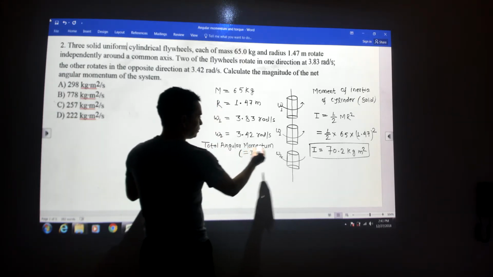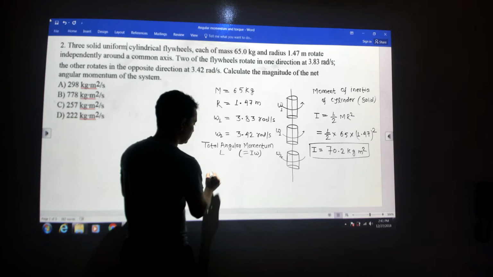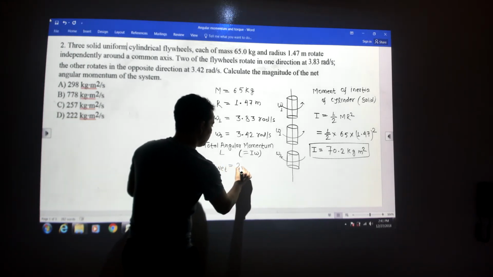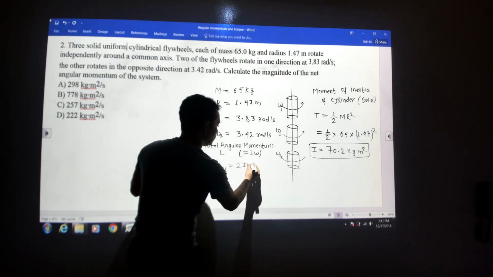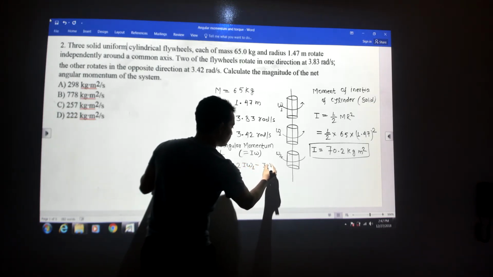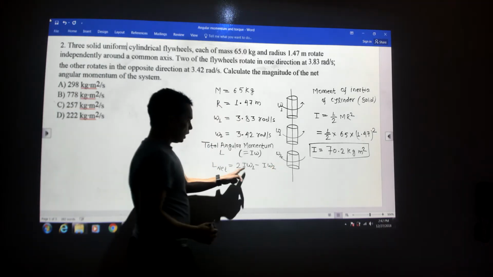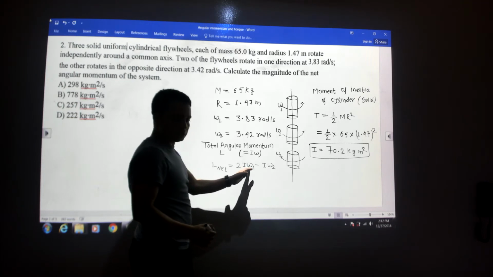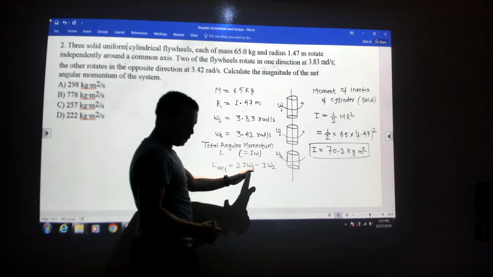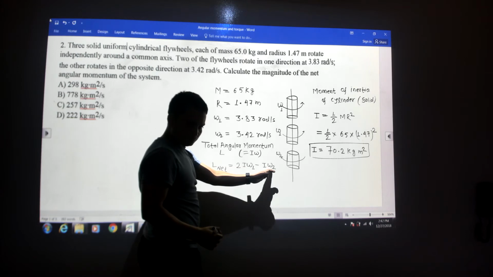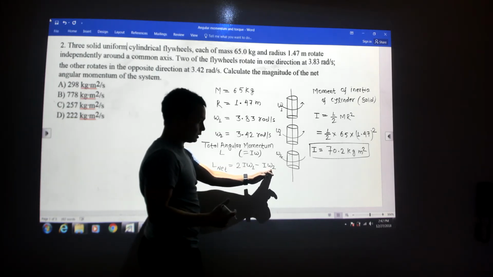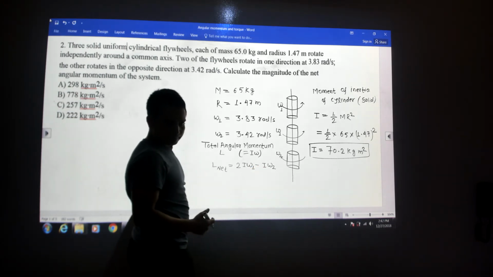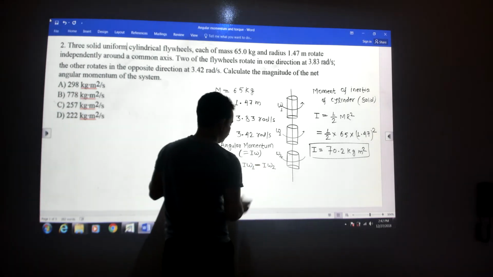The total angular momentum is denoted by L. So what is the net angular momentum? It is 2 I omega 1 minus I omega 2. I is the same because the moment of inertia is the same, but the two are rotating with one angular speed and the other is rotating with a different angular speed, and this is opposite, so I just put the negative sign here.